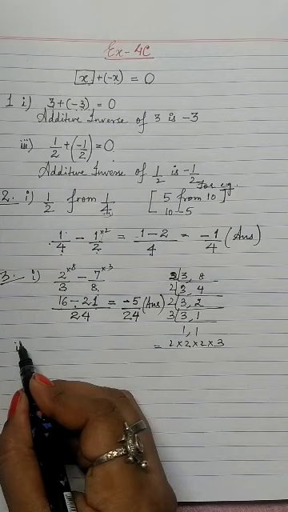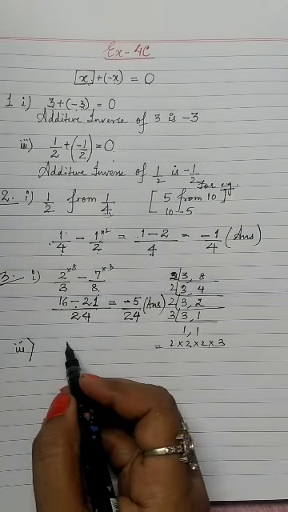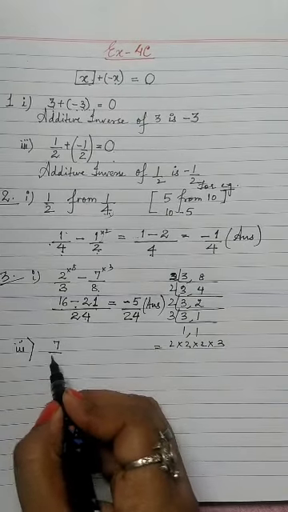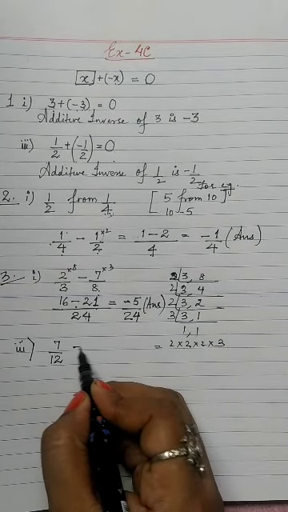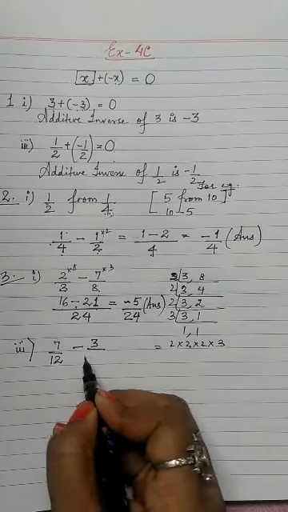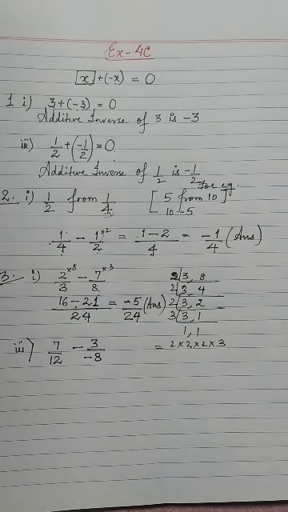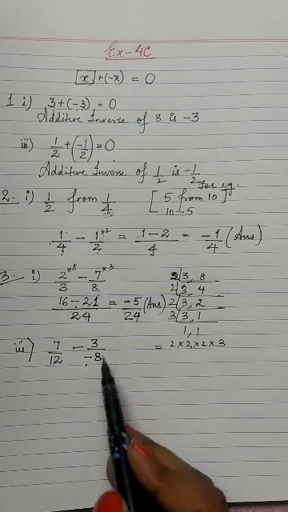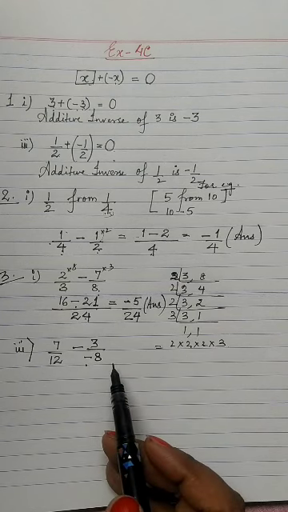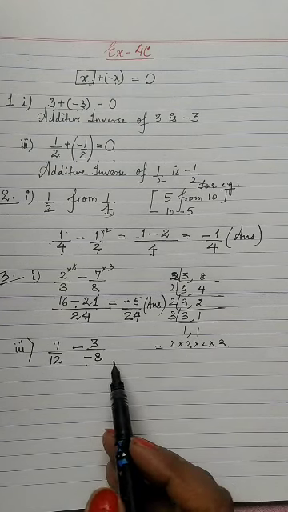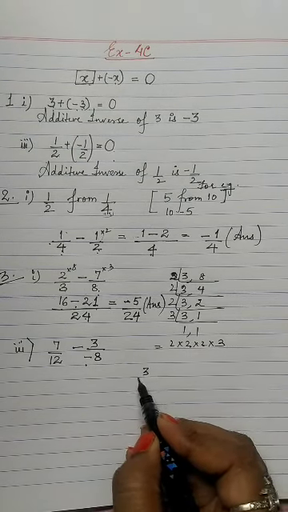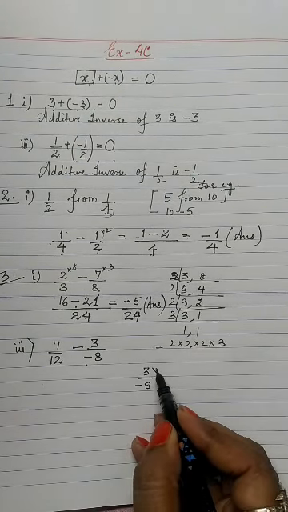The third bit, 7 upon 12 minus 3 upon minus 8. Children, remember, whenever a rational number has a negative sign in the denominator, we make it positive by multiplying by minus 1 so that the negative sign goes to the numerator. What I am talking about is 3 upon minus 8.